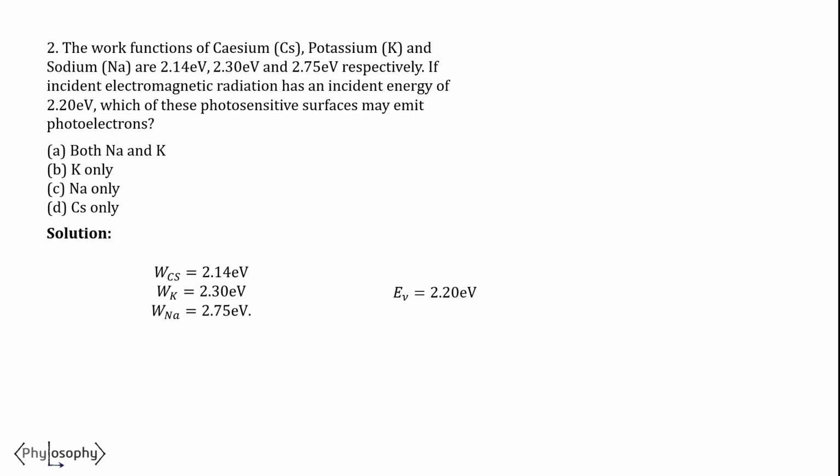And from the given data, as we can see, the work function for cesium is less than the energy of incident radiation. So option D will be the correct answer. That is, cesium only will emit photoelectrons when an incident radiation of energy 2.20 electron volt falls on it.